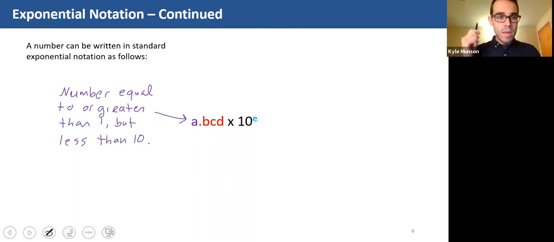So A can be a number greater than 1 or equal to 1, but it has to be less than 10, okay?